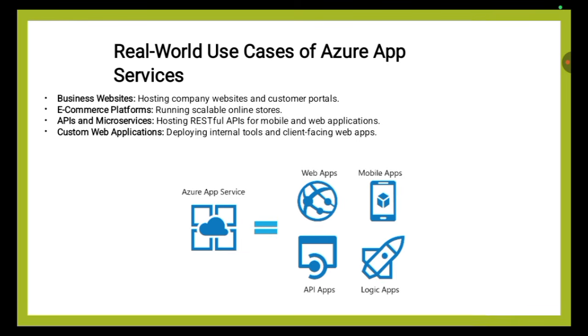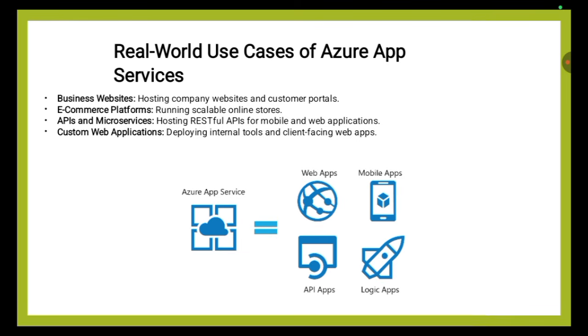So from this part, we can say that Azure App Services is used to host and manage a variety of business applications with high availability and scalability. Business websites such as company portals and customer platforms benefit from reliable performance and security. E-commerce platforms use Azure App Services to handle traffic spikes and ensure smooth transaction processing.